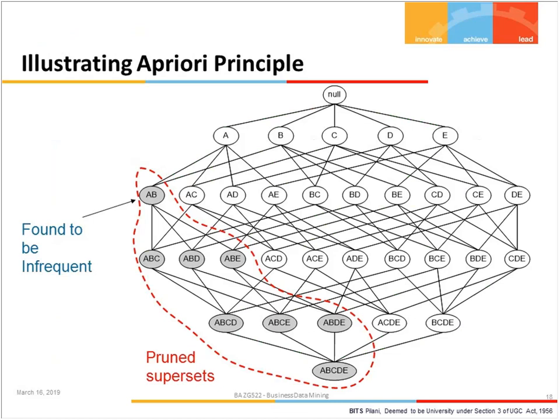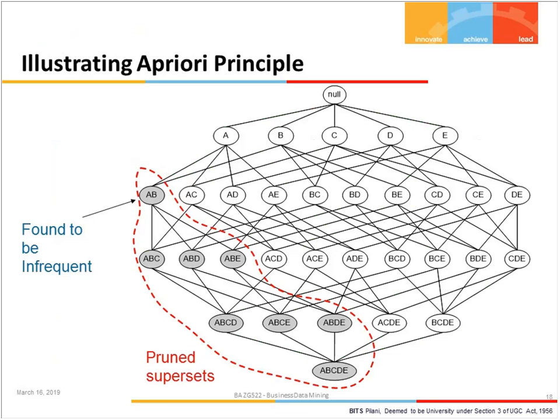If we illustrate this in the lattice diagram that shows all the candidates, the moment we find that AB is infrequent, we can prune this entire bounded subset of the lattice.